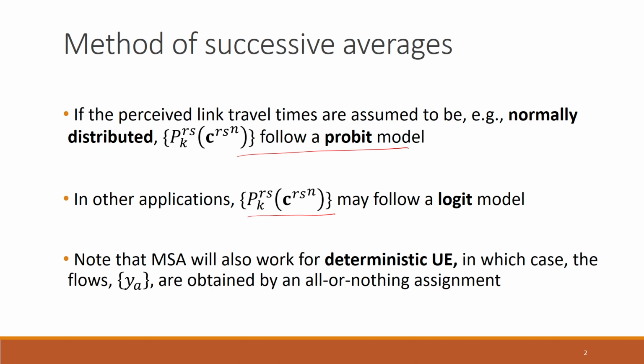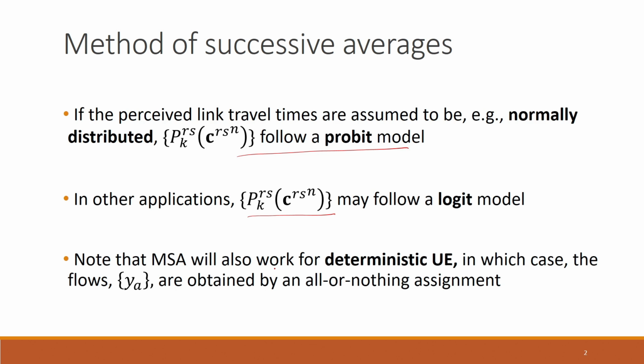So, note that this method of successive averages, although we have introduced it to solve the stochastic user equilibrium problem, is also applicable to solve the deterministic user equilibrium problem. Okay, because the stochastic user equilibrium problem is an extension of the deterministic user equilibrium problem that we had seen before.